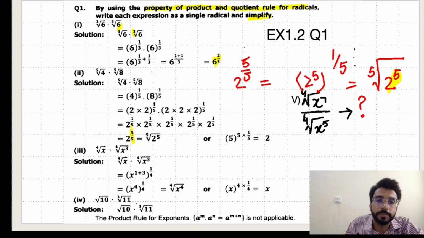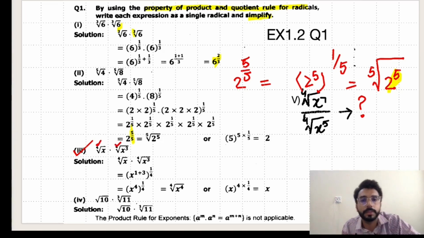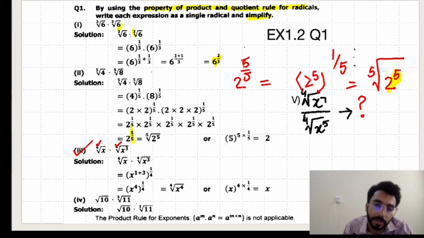Question number 3. Let's look at the first question. Are the indices the same? Yes, 4 and 4. Both indices are the same, so we can apply the product rule here. Simple. You can write this as x plus 1 whole power 1 by 4.